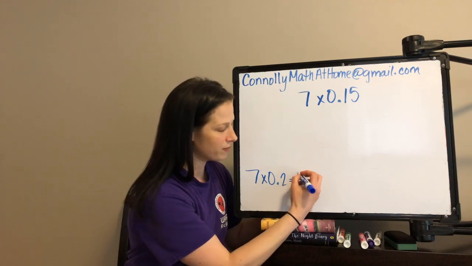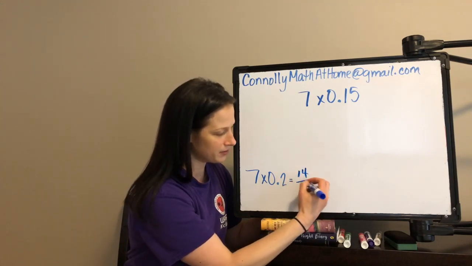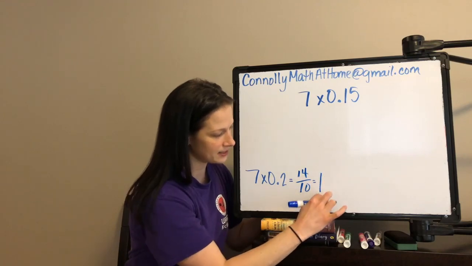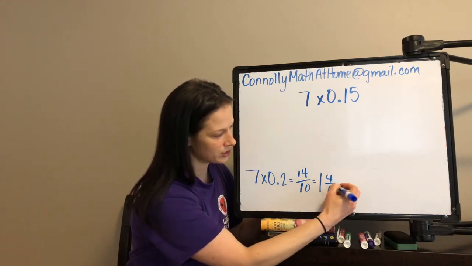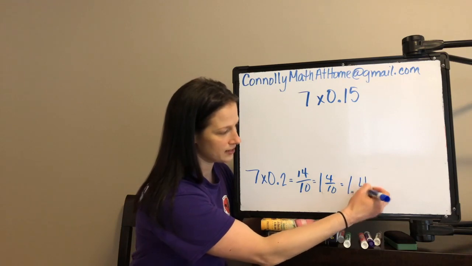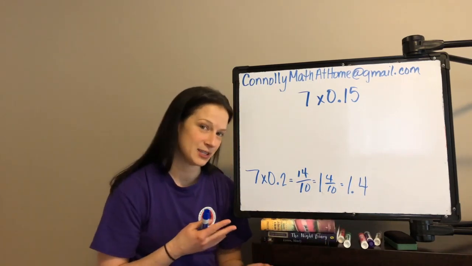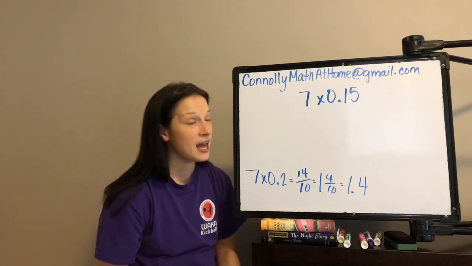So when I think about 14/10, for example, I know that's 1 and 4/10, which can be written as 1 and 4/10. Okay, so there is this flexibility that we have here between decimals and fractions. Want you to be using it.